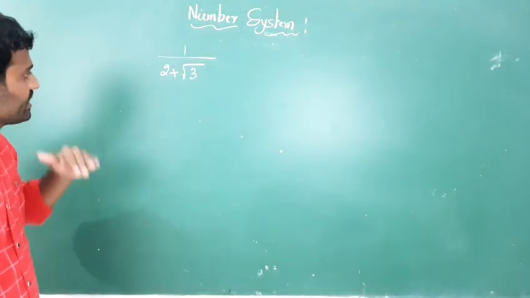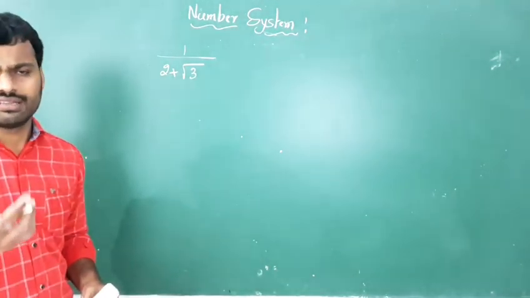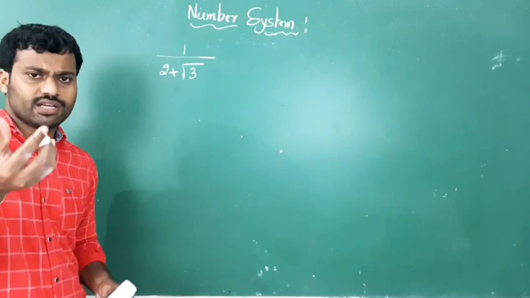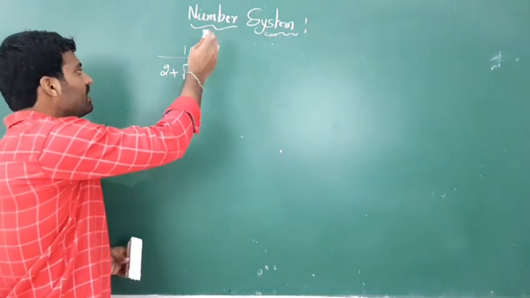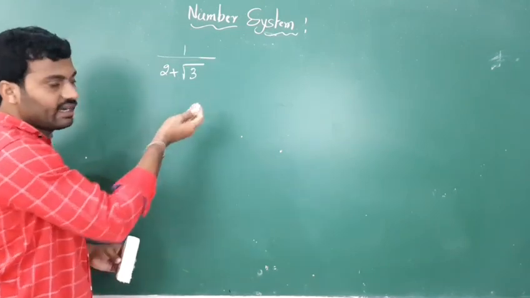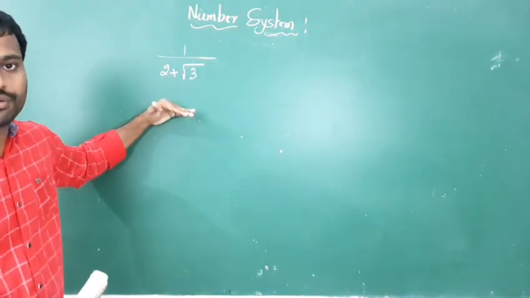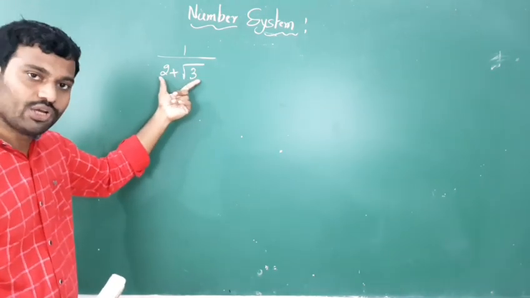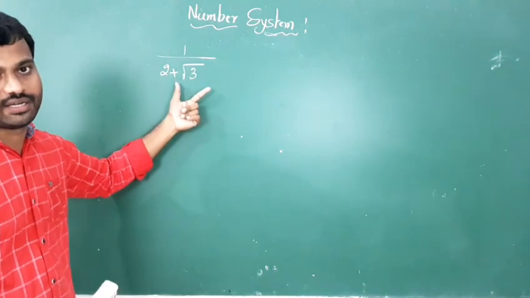In such a case, what do you have to do? You have to take the same denominator and multiply it to both the numerator and denominator. In the rationalizing concept, you should take the same denominator and multiply it to both numerator and denominator.